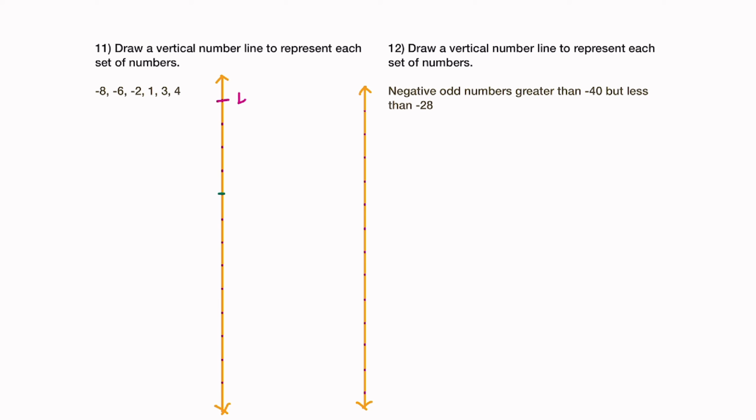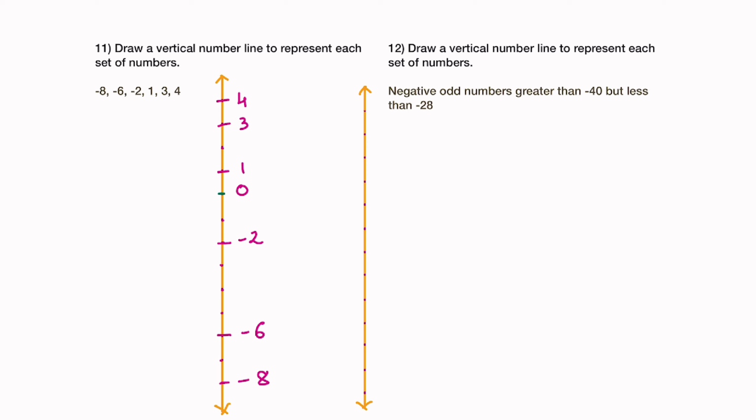So that's 4, that's 3. We don't need to plot 2. So we leave this and we plot it here 1 and that's 0. I'm marking 0 just as a reference. Then that's minus 1, that's minus 2, minus 3, minus 4, minus 5, and that's minus 6, minus 7, and minus 8.